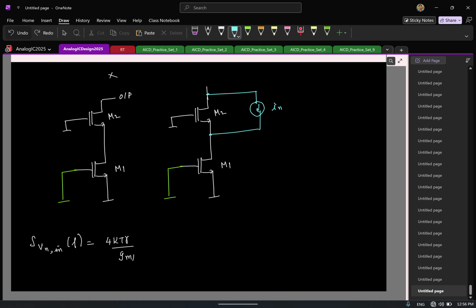Or maybe I'll use a voltage source. I think that is simpler here. I'll assume that it's a voltage source. I'll give the current source as an exercise for you. Let us say it's Vn M2.